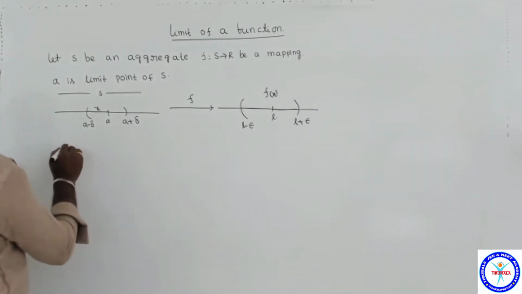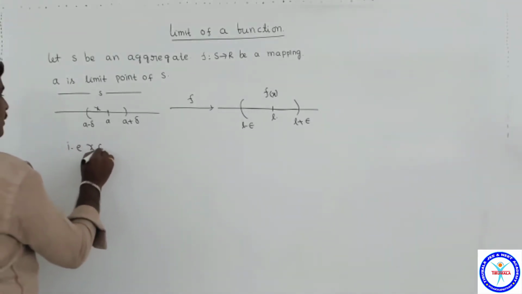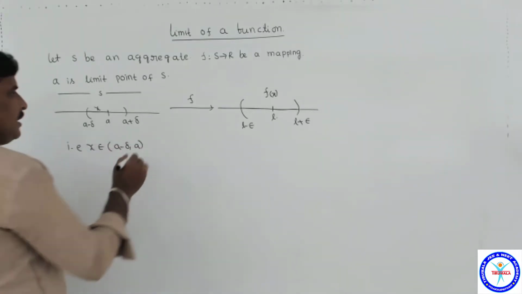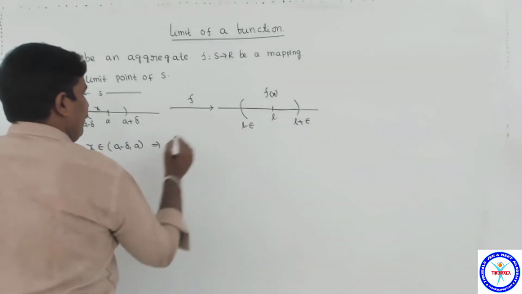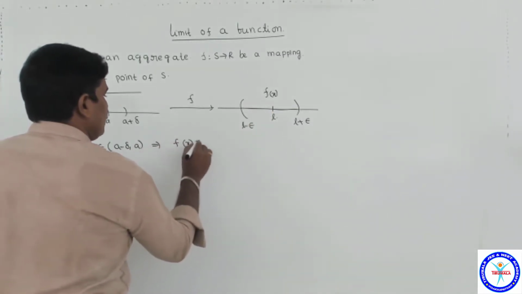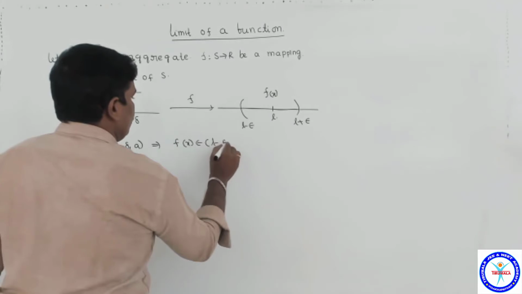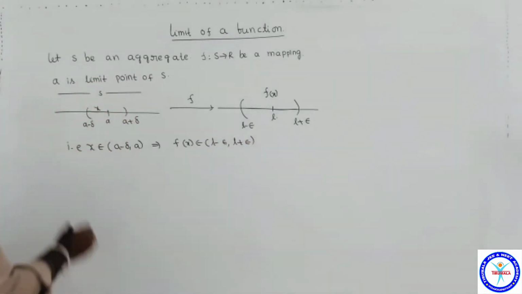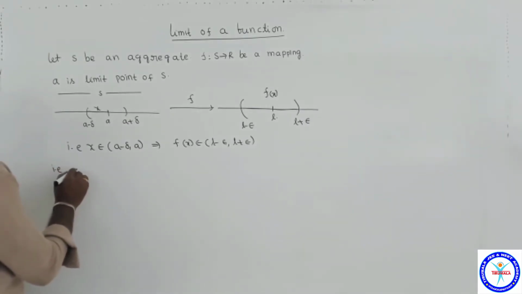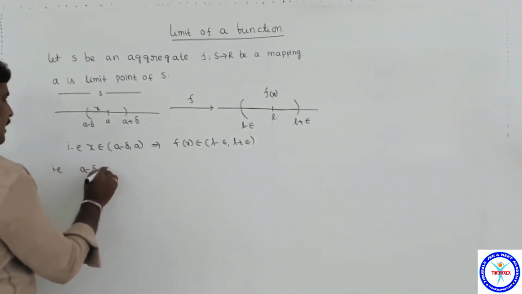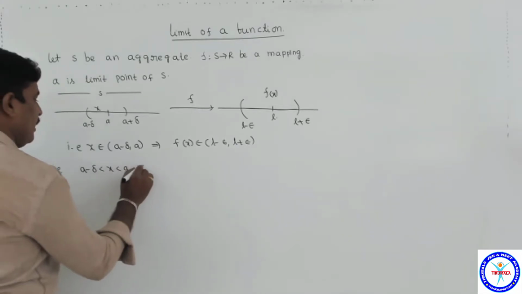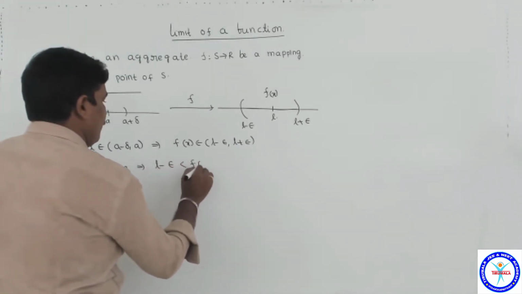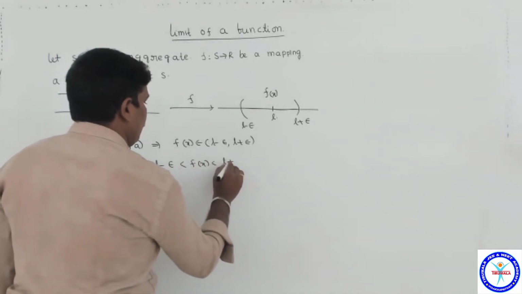That is, x belongs to (A minus delta, A) implies f of x belongs to (L minus epsilon, L plus epsilon). That is, A minus delta less than x less than A implies L minus epsilon less than f of x less than L plus epsilon.